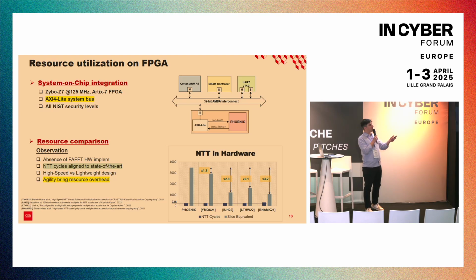And what we demonstrate is that our solution is aligned with the current state-of-the-art if we want to perform the NTT in cycles. And taking into account the number of hardware resources, we have an impact between 1.2 and 3.2 in terms of the resources. This is nowadays the current impact for the introduction of the agility in hardware.